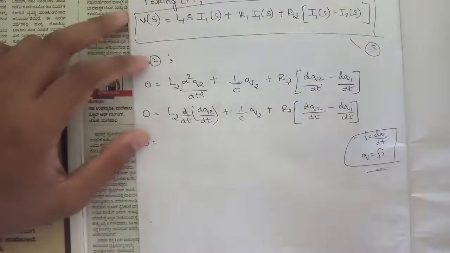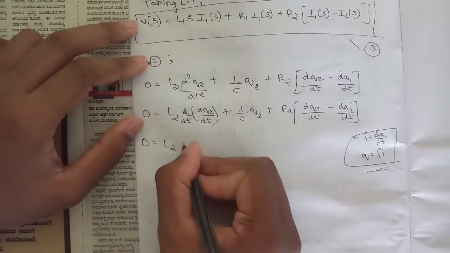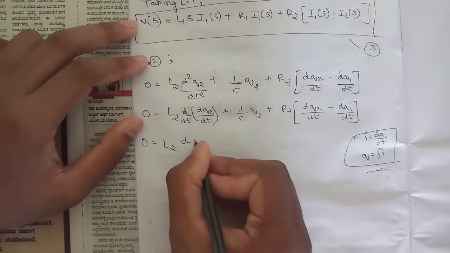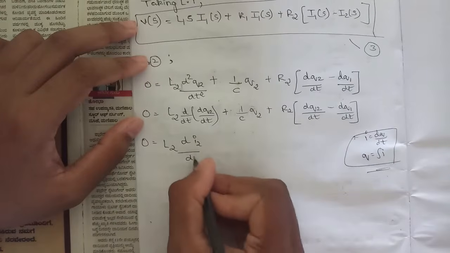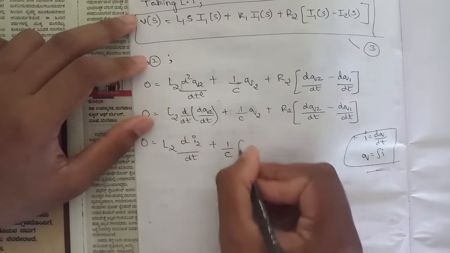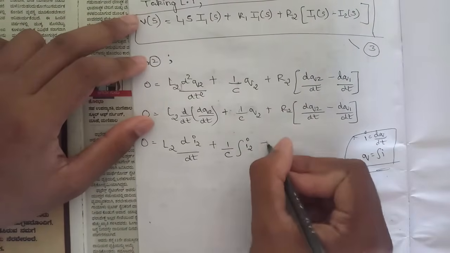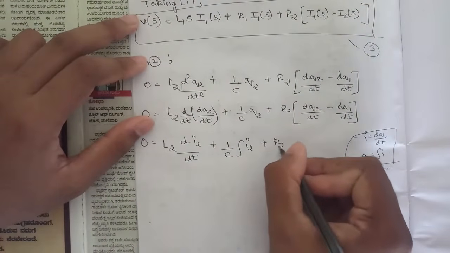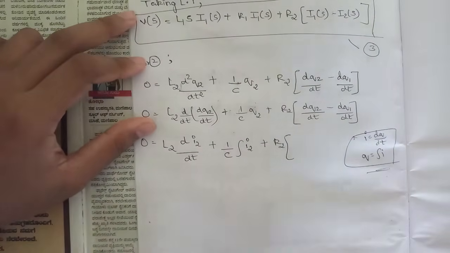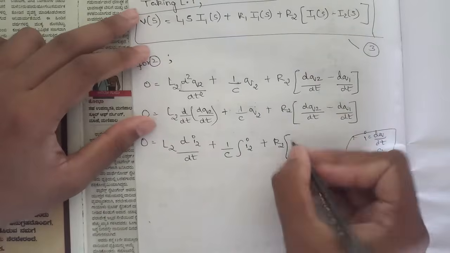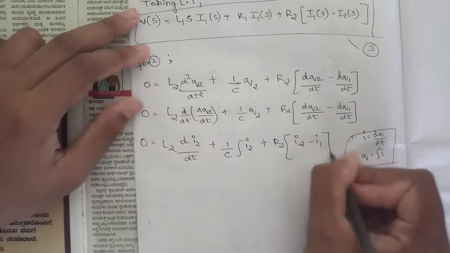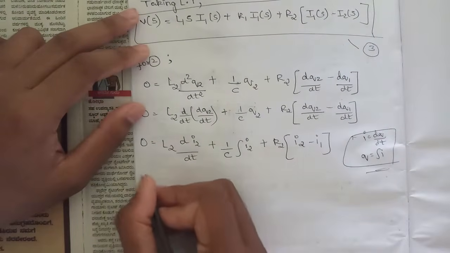So that is L2 into dq2 by dt is equal to I, so L2 dI2 by dt plus 1 by c into integration of I2, correct, right? R2, q is replaced by integration of I, so this would be I2 minus I1. So now for this equation take the Laplace transform.